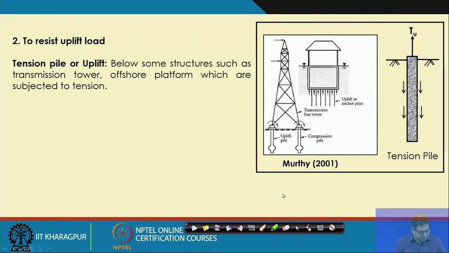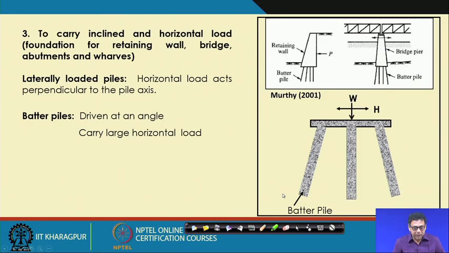Then the next type of pile based on the loading: the pile can be subjected to inclined or horizontal load. So, that type of pile is constructed below a retaining wall or bridge abutment, or offshore where the sea waves are coming, which is in the form of lateral load.